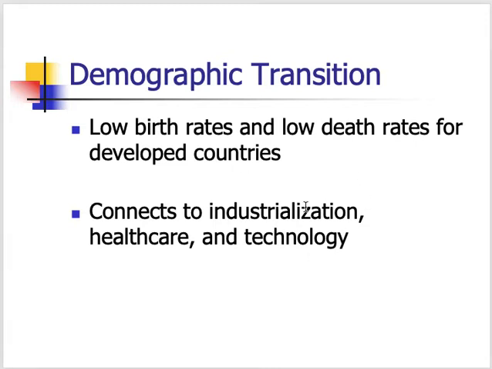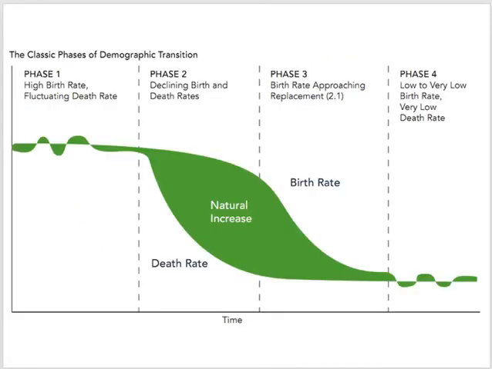And what we're going to really see is how the birth rates and death rates for developed countries are going to be pretty low, whereas birth rates and death rates for developing countries could be quite high or a mix. As you get further in your demographic transition, you can sometimes see a reduction in birth rates, but still a high death rate, or vice versa. But let's take a peek here at this diagram.